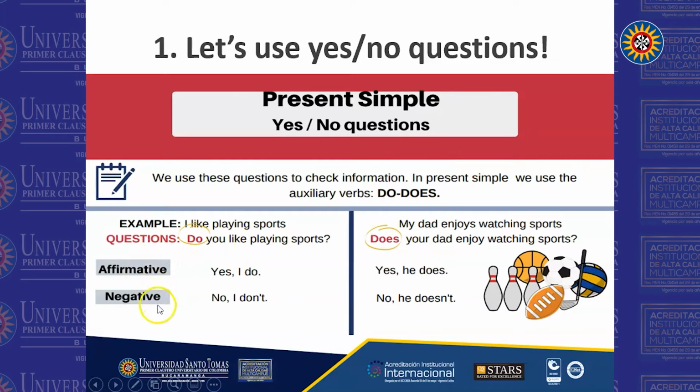In negative would be no, I don't for the first question, or no, he doesn't for the second one, right? Remember that you use the same auxiliary. Does, yes he does, no he doesn't. Do you, yes I do, or no I don't.